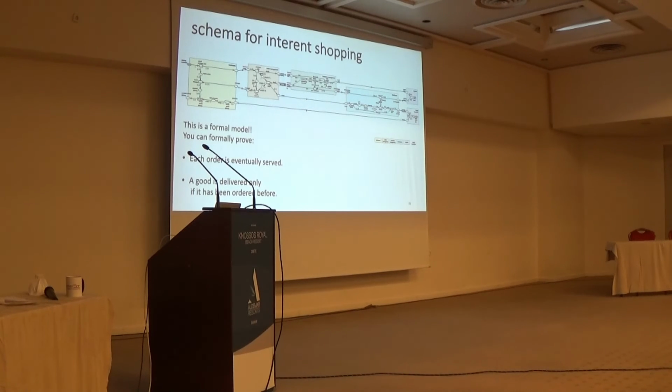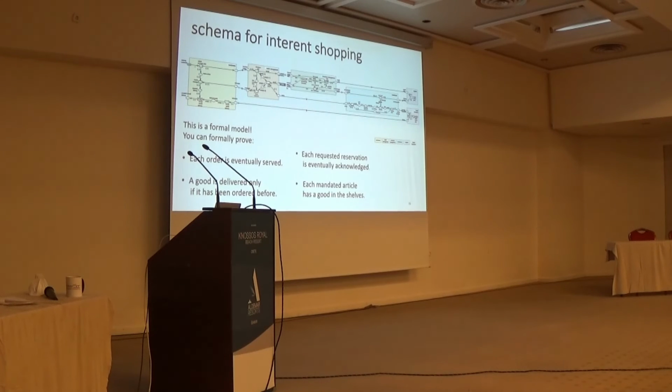And you can prove this because it's mathematics. It looks like a picture, but it is mathematics. And that's very important. You prove this on the level of the model. And when you then implement, for instance, this component, then it's correct by construction. And the interplay between customers and computer aspects is proven correct. And that's how we should do it.